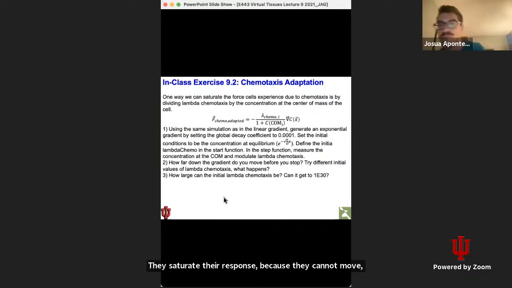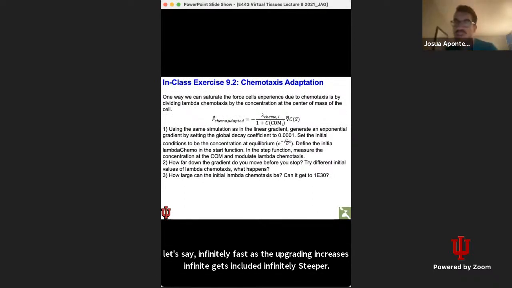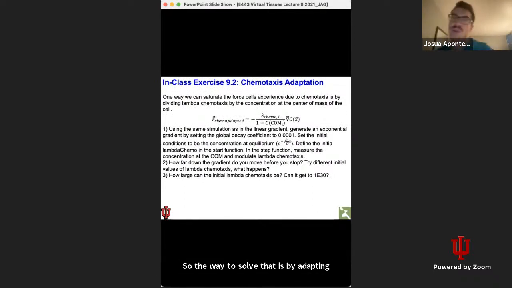One way to solve that is by adapting our chemotaxis, modifying the lambda chemotaxis using the concentration of the field at the center of mass of the cell.